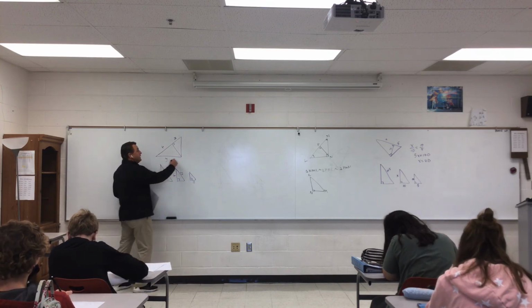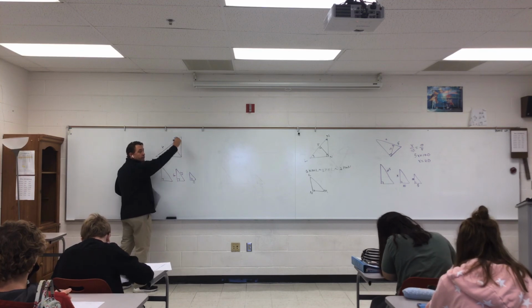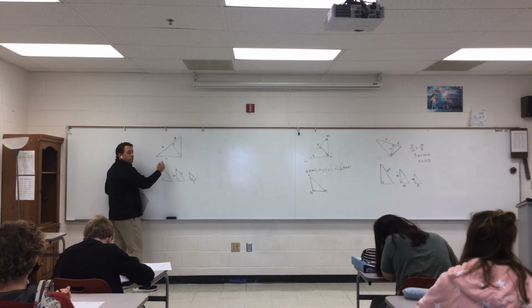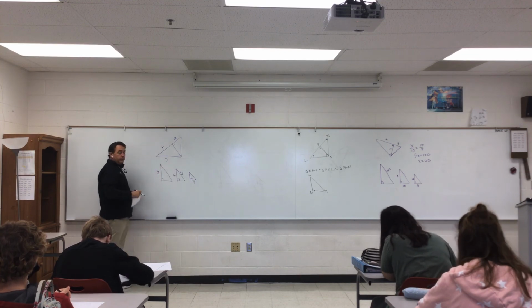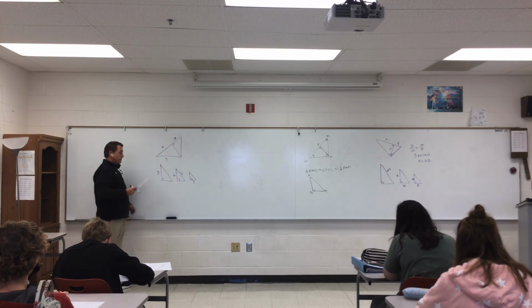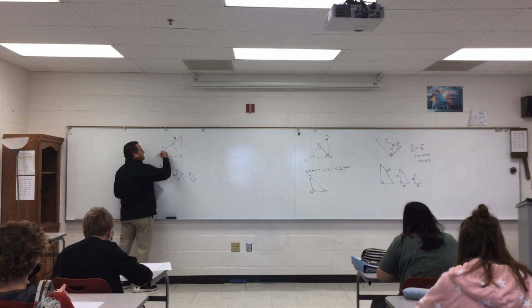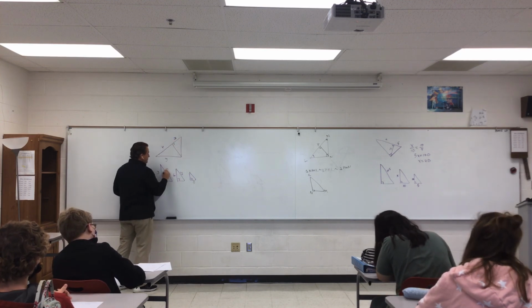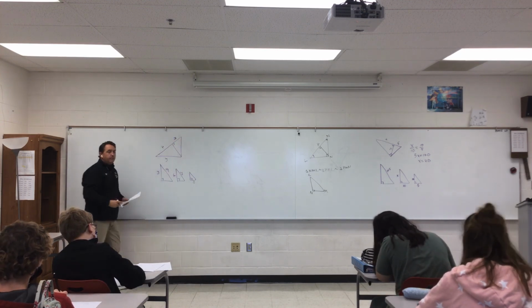Now let's look at the big triangle, okay? In the big triangle, Y would be the what? Long leg, wouldn't it? Now, I'd have to add 6 and 3 together to get the hypotenuse, wouldn't I? So 9 would be the hypotenuse.